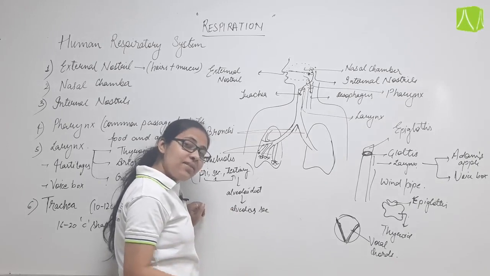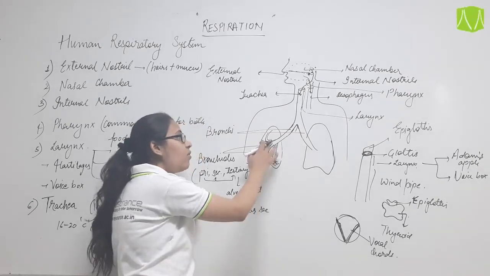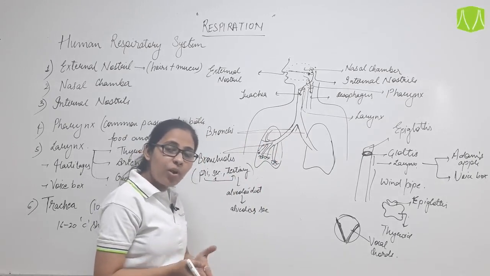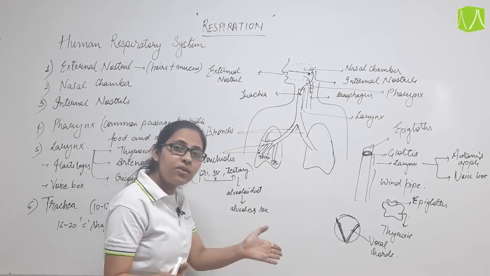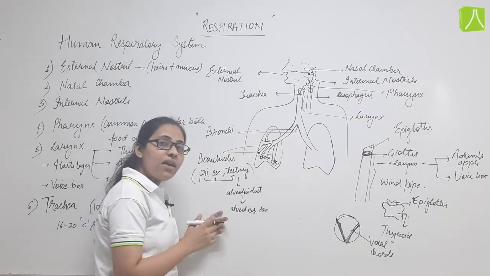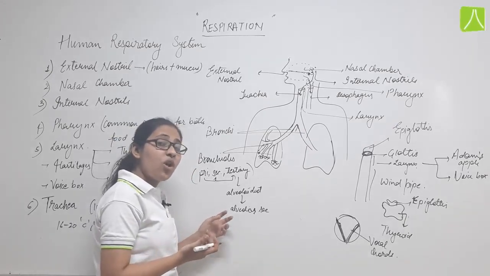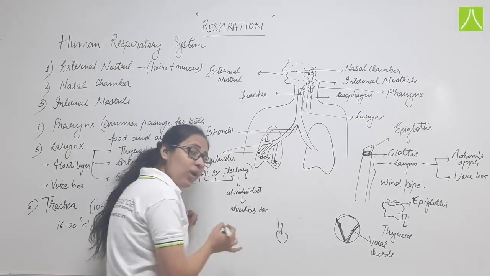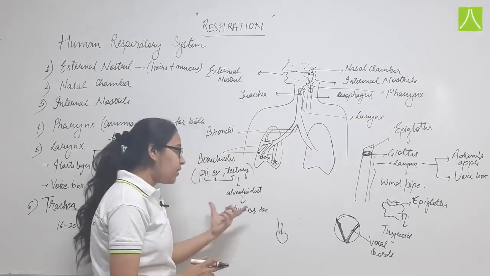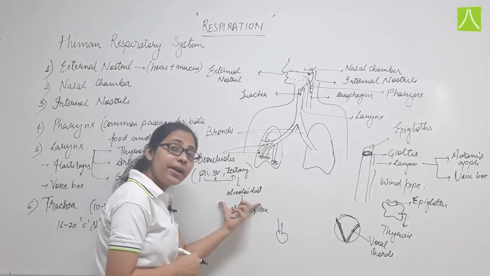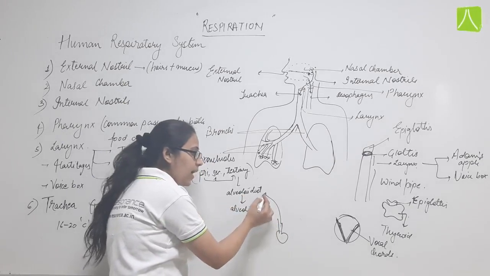Bronchioles can be primary, secondary and tertiary. The primary divides into a secondary branch, which then divides into tertiary and so on. The last duct, which forms alveoli at its terminal end, is known as the alveolar duct. This will be the alveolar duct.